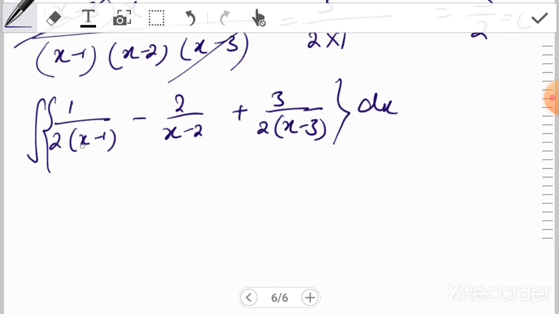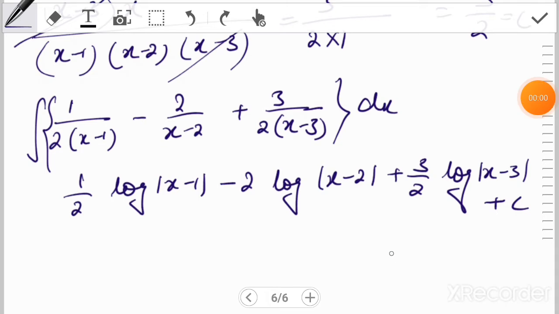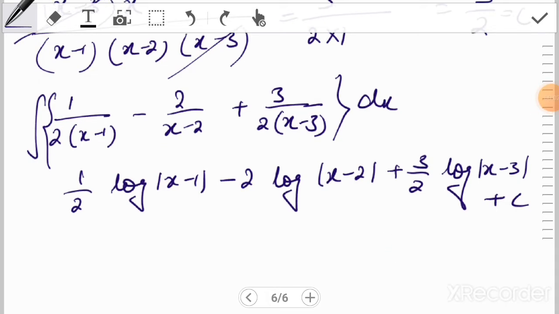Now the integral of this is half log of (x minus 1), then minus 2 log of (x minus 2) plus 3 by 2 log (x minus 3) plus constant. Let us see one more example.